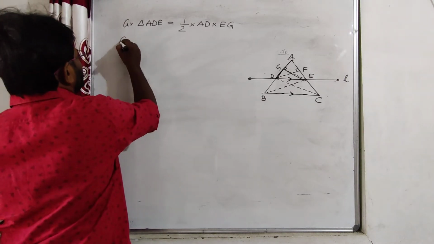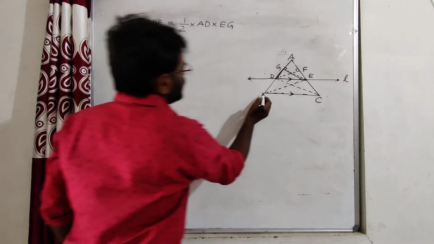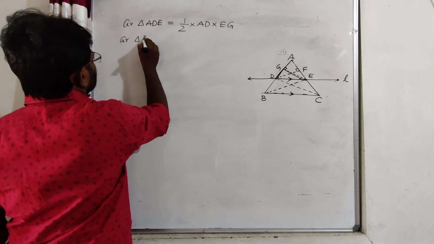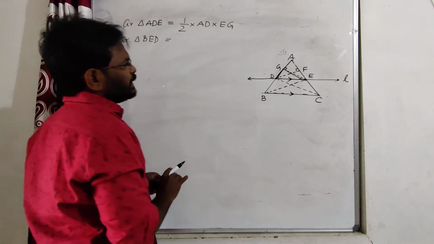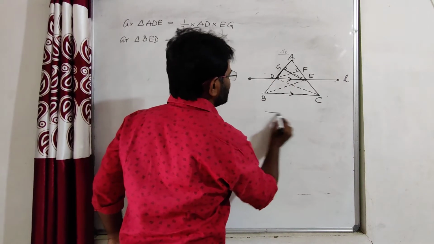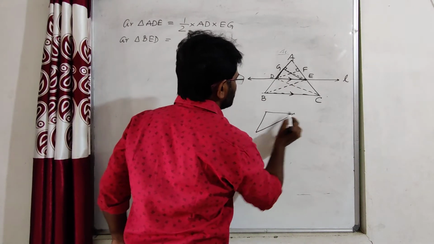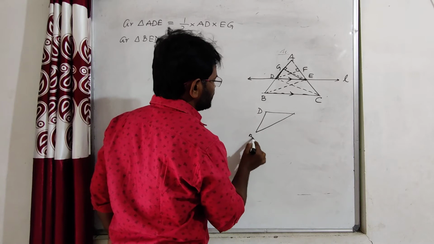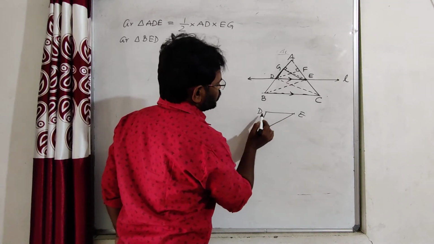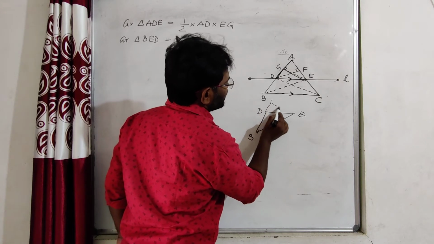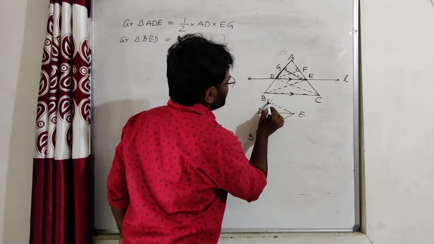Next I am taking the area of triangle BED, taking DB as base. See that this is D, this is B, this is E. The altitude drawn to BD is nothing but EG.